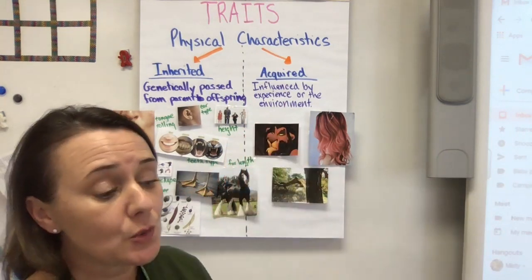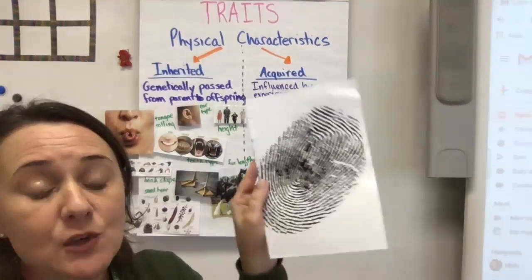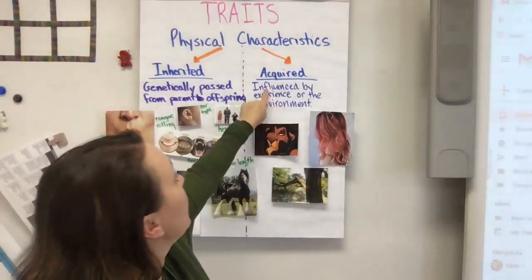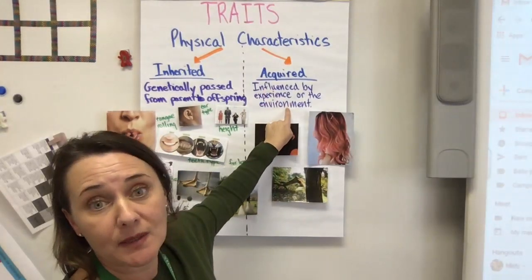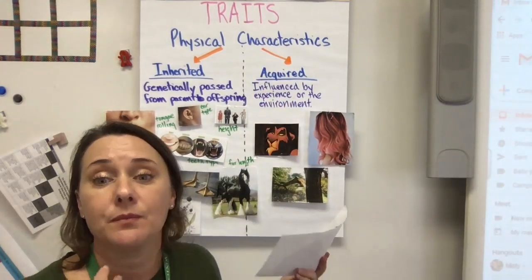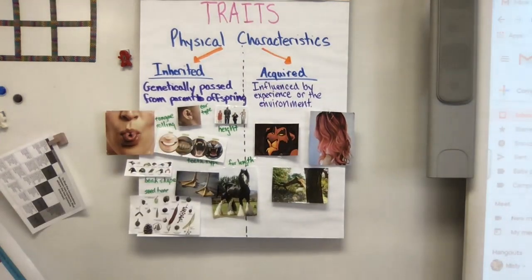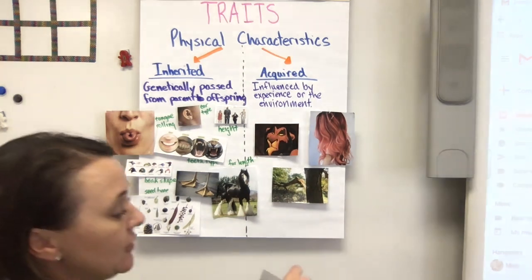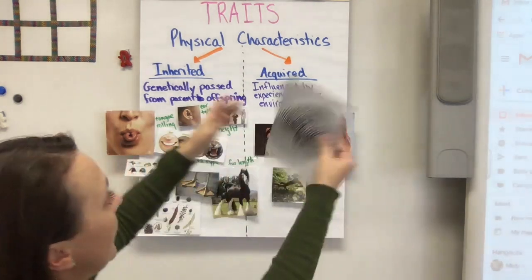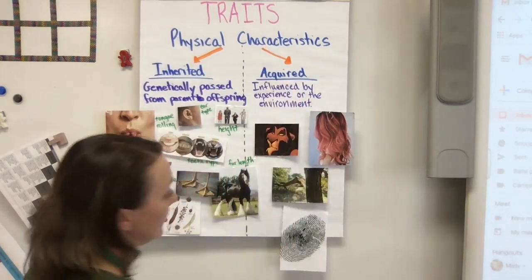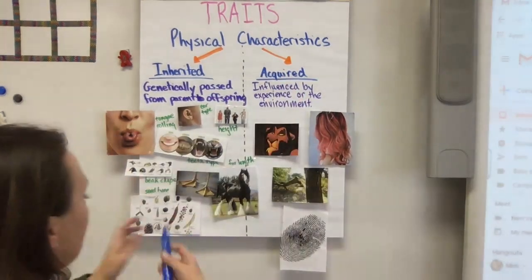So these are formed in your mother's stomach, and they are influenced by the environment of the womb. That's why twins are different, okay? Like I said, I'll put in a video after this that tells you all about why your fingerprints are actually an acquired characteristic.